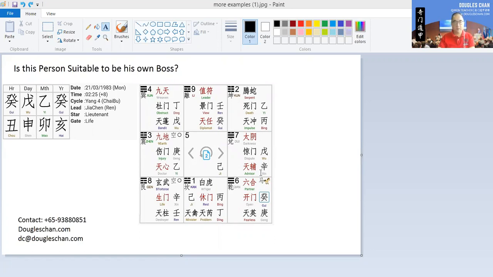At the same time, we can see whether this person, in terms of relationship with business, likes to do business or not, and whether he will make money.